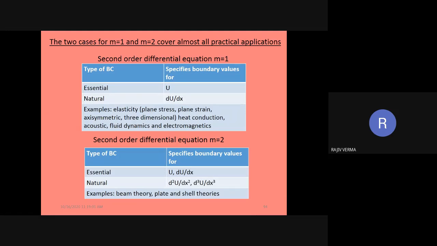Then coming to the fourth order differential equation, we are going to study beam theory, plates, and shell theories. And for those students who have not studied beam theory, plates, and shells in their BTech classes, they are advised to revise or to go through a suitable book which they can find, to cover at least the theoretical part, because some equations from these chapters are going to be taken directly in FEM theory.